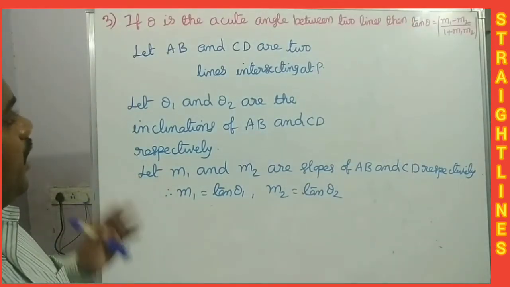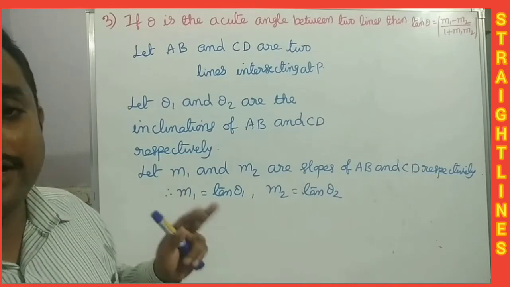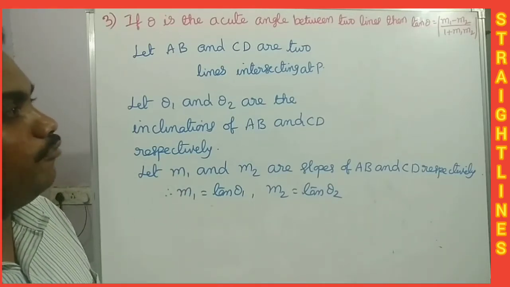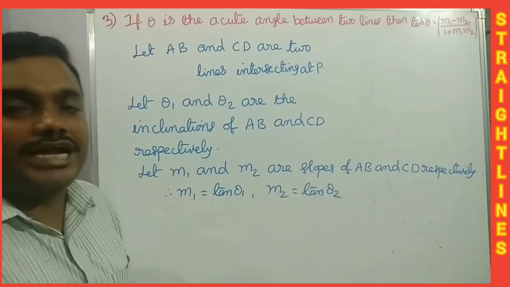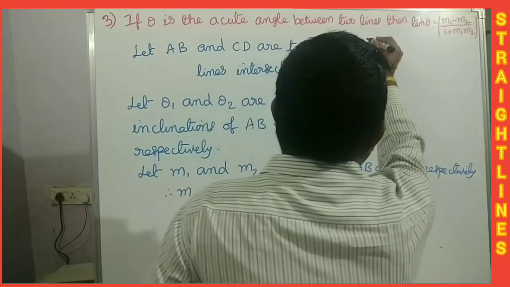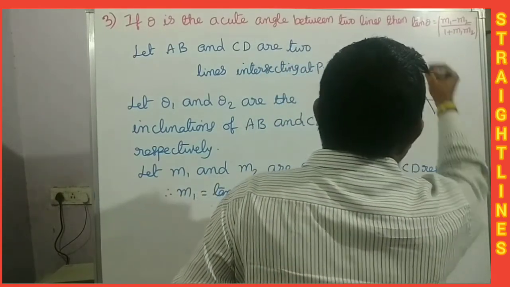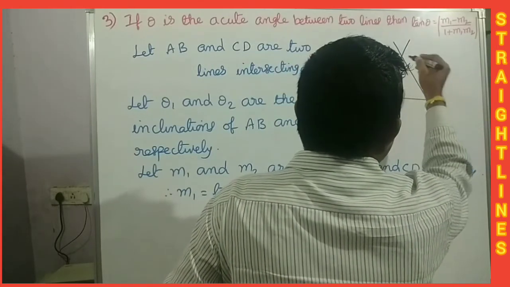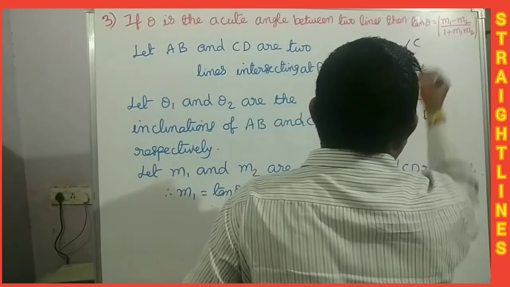Next, third point. If theta is the acute angle between two lines, then tan theta equal to mod m1 minus m2 by 1 plus m1 m2. Let AB and CD are two lines intersecting at P. This is AB, CD.